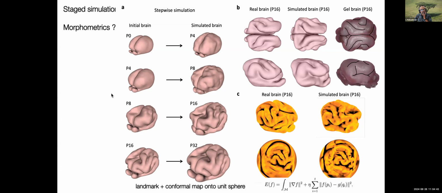And again, from this community's perspective, these are perhaps very naive and extremely simplistic ways of characterizing the morphometry: mapping the surface of the folded ferret brain onto a unit sphere, and then having some landmarks associated with specific folds, for example, the prosylvian fissure, the central cortex, and so on.